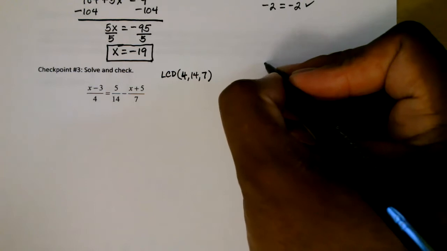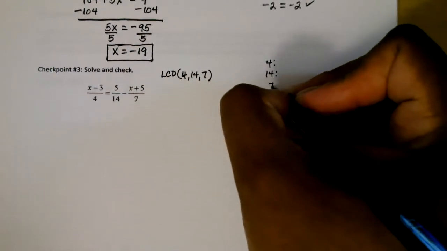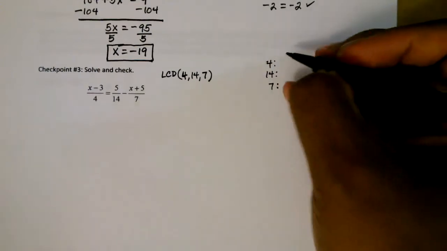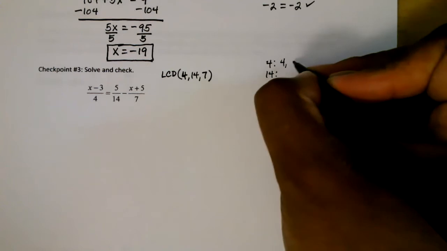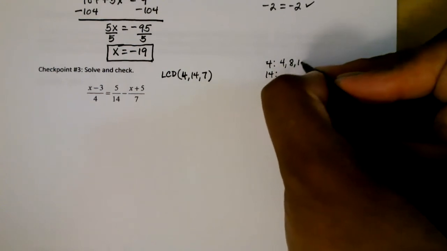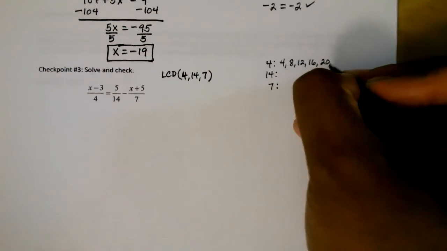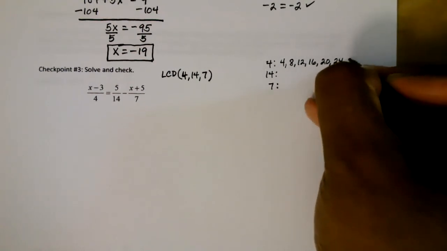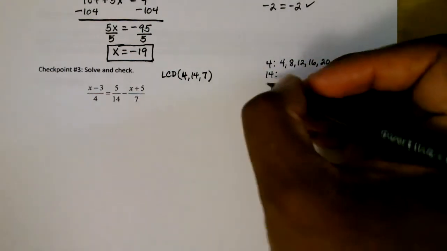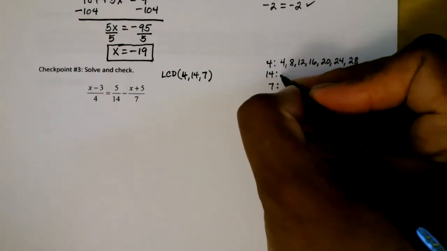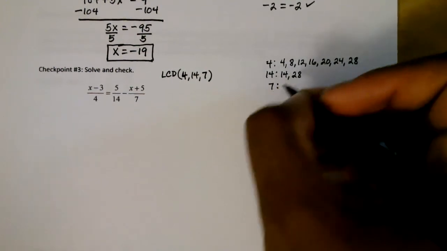So if you want to do this off to the side, if I list the multiples of 4, it will be something like this: 4, 8, 12, 16, 20, 24, 28. Now let's stop at 28 because you're going to see why. Because when I list the multiples of 14, I'm going to have 14 and then 28.